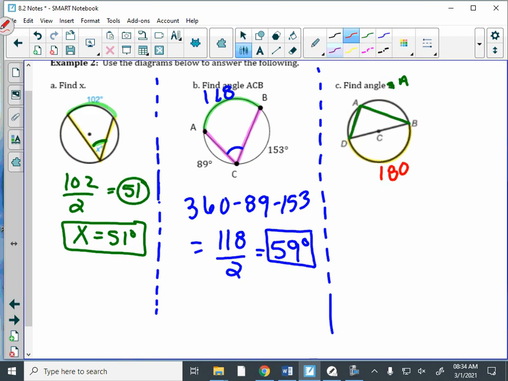Again, we're going from big arc to little angle. What do we have to do with 180? Divide. What's half of 180? 90. So that angle is a right angle. That's true. Every single time you have an inscribed angle and this arc is a semicircle, it's always going to equal 90. So a little fact. If you can remember it, great. If not, just do the work and you'll still get the right answer.